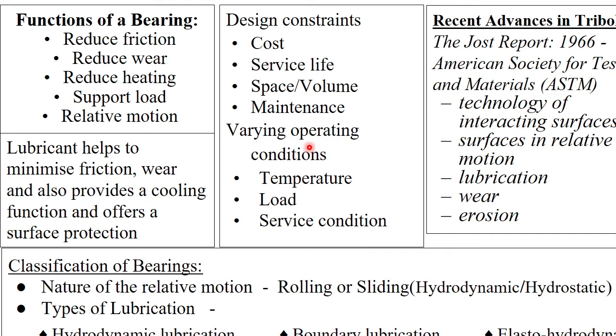You have to accommodate these operating conditions, which are the temperature, load, service condition. These are the system requirements actually. So based on that, we design bearings, and there are different types of bearings.